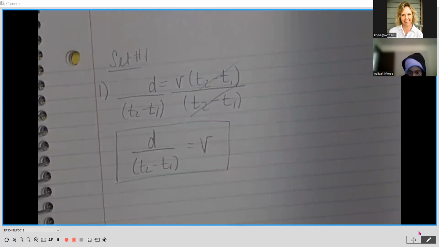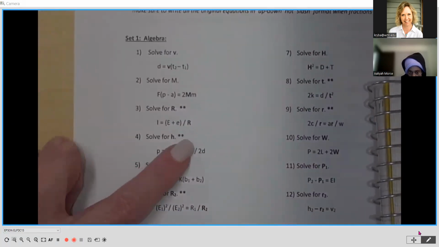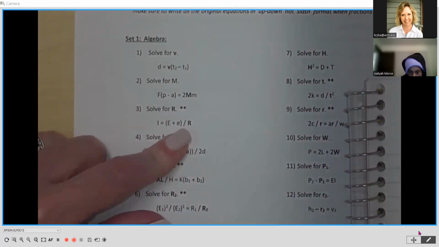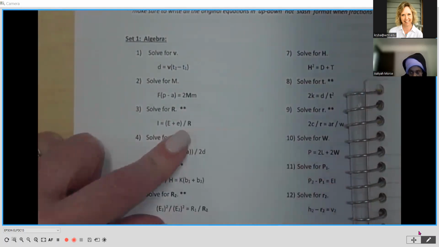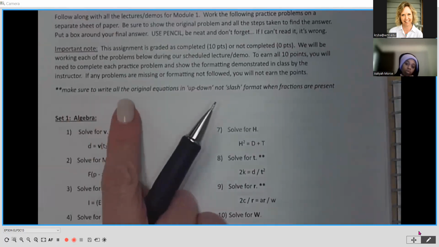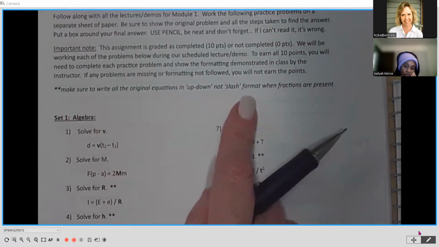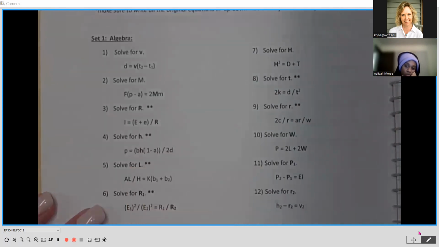Now you're going to notice I use slash, not in this problem, but in this problem down here, to show a division only because I was working in Word and I didn't have the ability to make the up, down version. But I do have this note here, these two asterisks, where it says, make sure to write all original equations in up, down, not slash format. Even though I'm showing the slash here, rewrite it so that you have a numerator, denominator, okay?